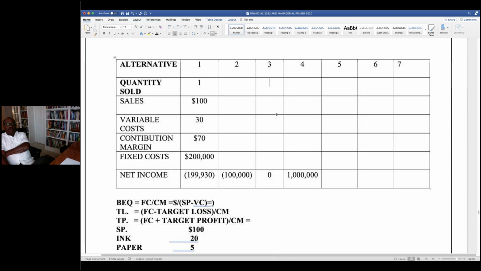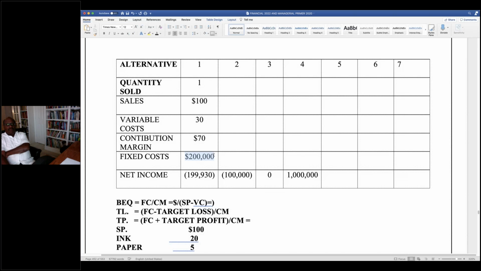So to get this break-even quantity, I've got to use this formula: FC divided by CM. Yep, that's what you're doing. When you say break even, this number is going to be 0. Oh, okay. Contribution margin minus fixed costs.